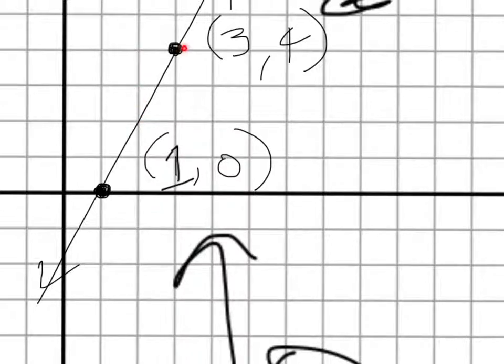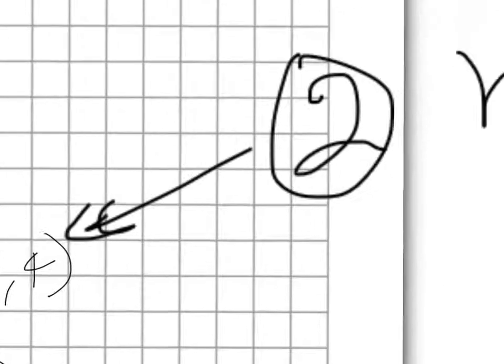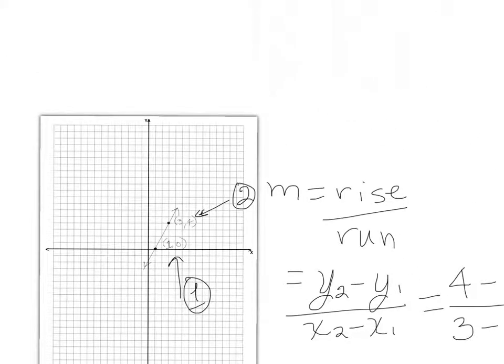Okay, so now I want you guys to do the checkpoint that's on the bottom of page 230. There are three problems with 2 sets of points each, and I want you to calculate the slope using the slope formula that you just learned. Let me shrink that down so you can see it.